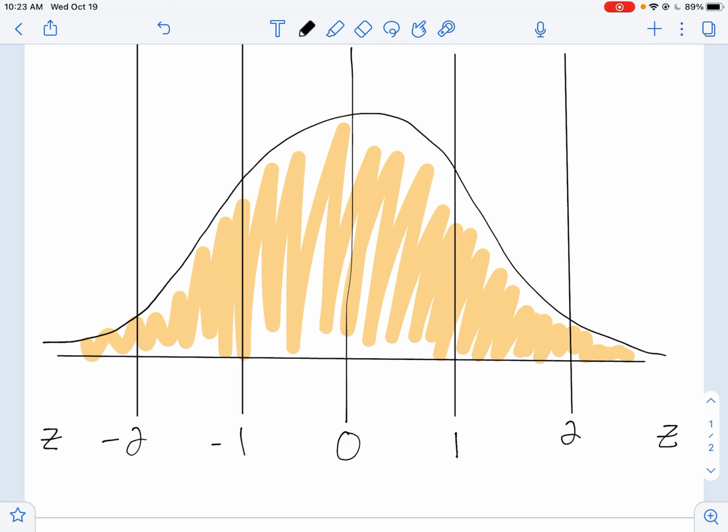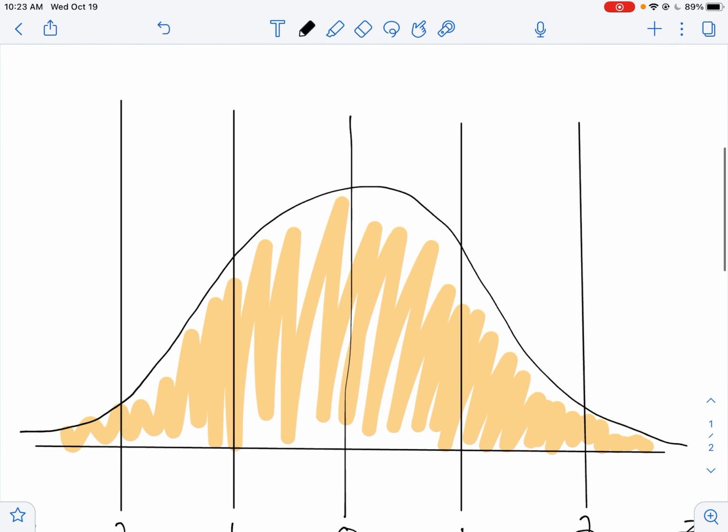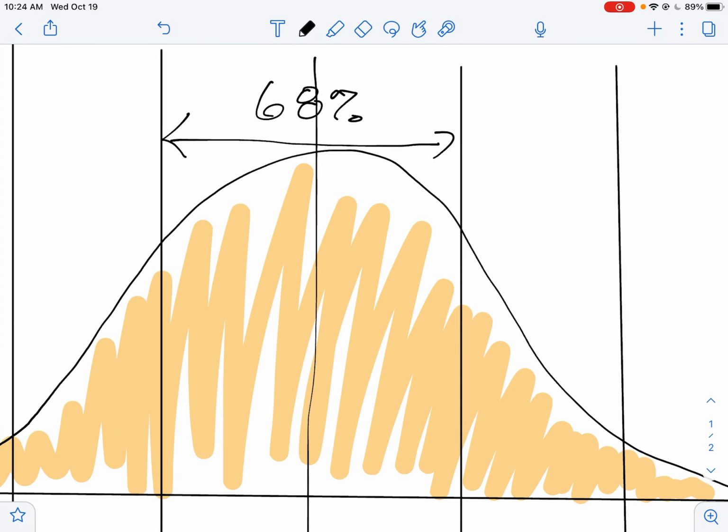Now, my next step, here's what I do. I account for my empirical rule here. So I know that 68% of my data is going to lie within 1 standard deviation. And that makes sense because you notice that a good chunk of it right here, I'll color it again using a different color so you can see it, is where 68% of my data is going to be.